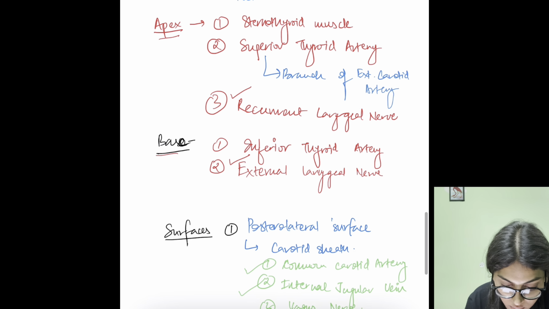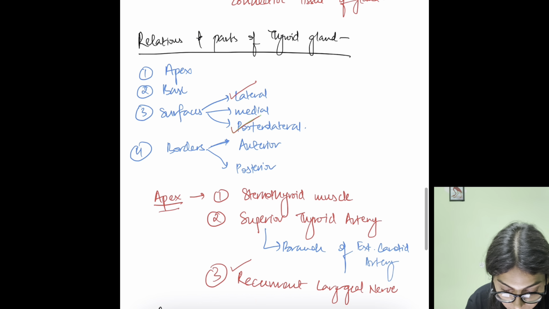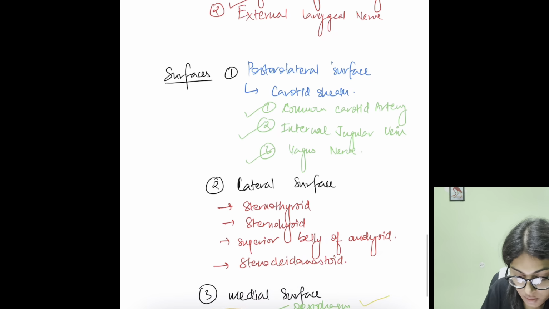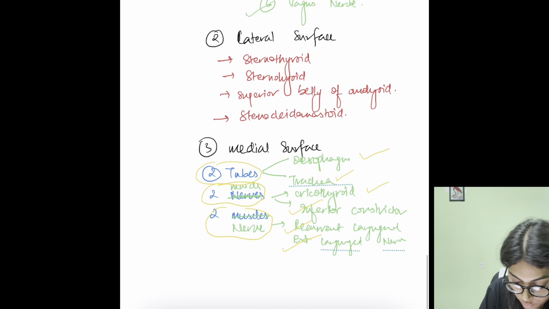So these are the relations. And the borders are remaining. We have two borders, anterior and posterior borders.